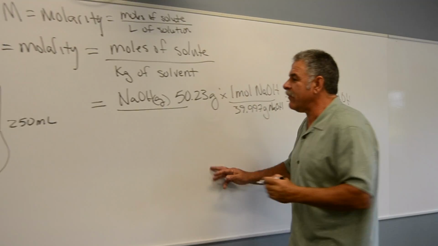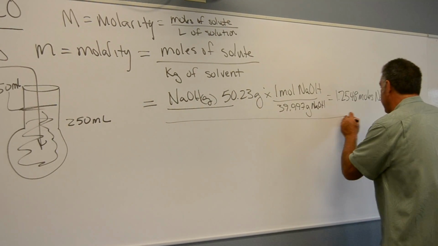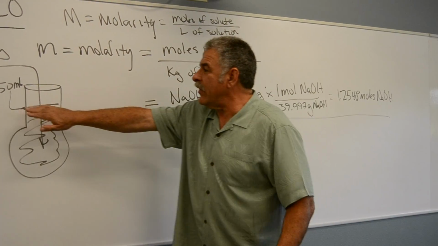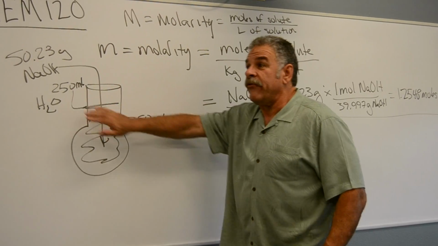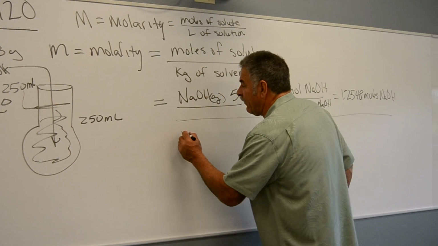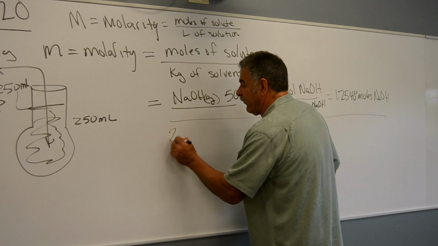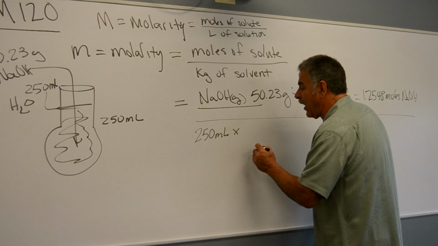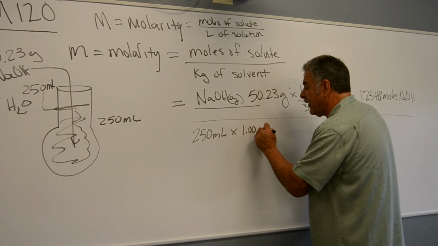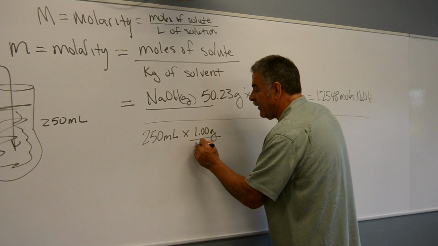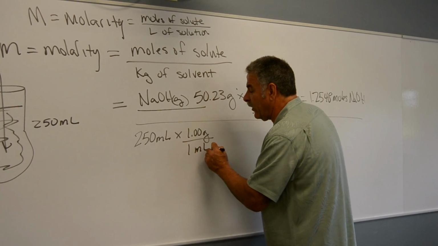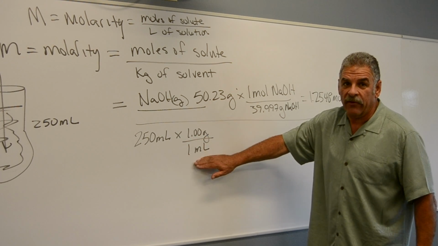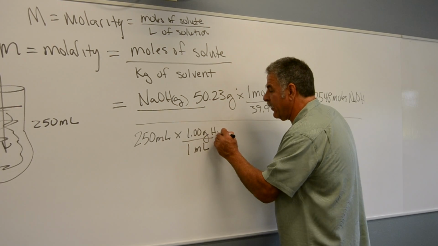And then on the bottom of this entire thing, we're going to take the kilograms of solvent. But we don't have a weight of solvent. We only have a volume. So we have to know the density of our solvent, which is water. So 250 mils of water, we have to convert that to grams, but we know 1 milliliter weighs 1 gram, or 1 gram is 1 milliliter of volume of H2O.